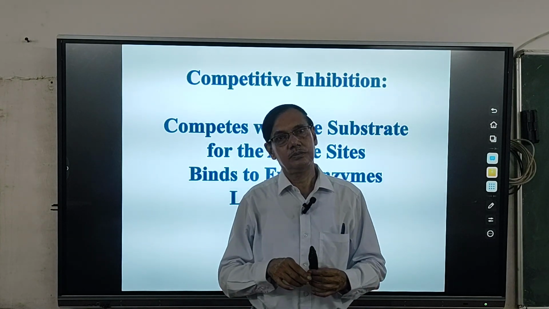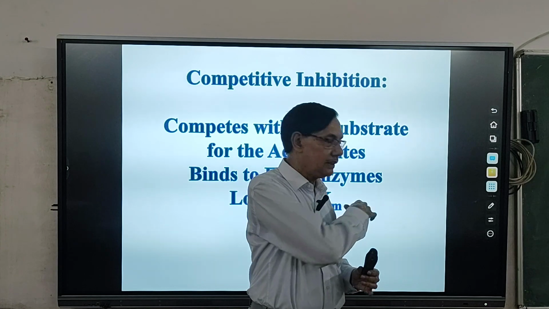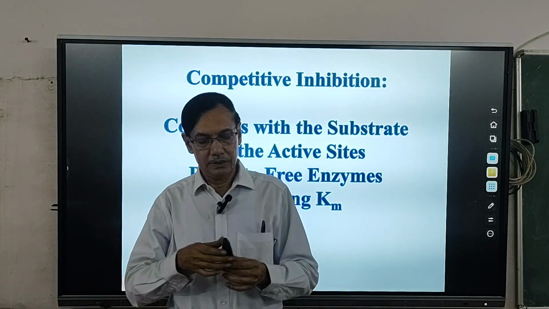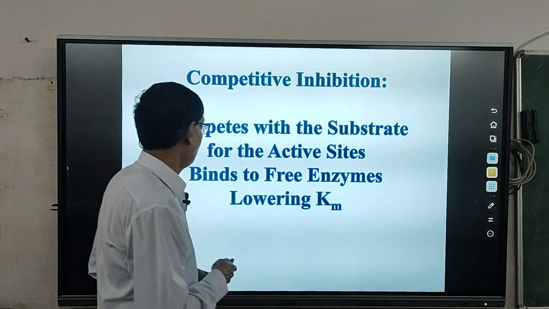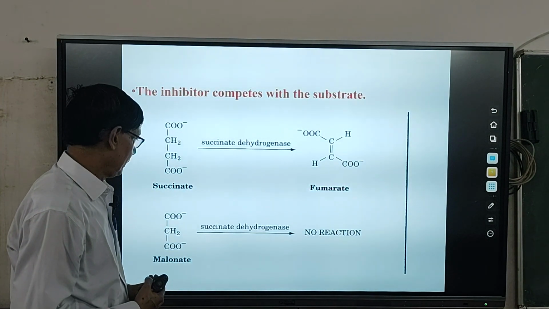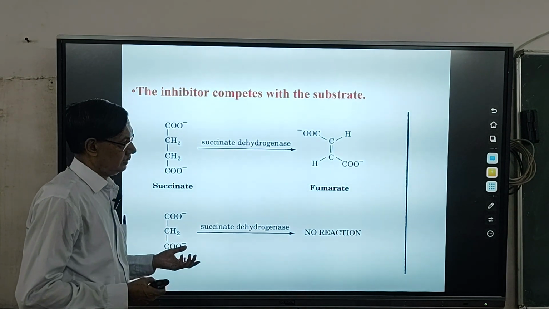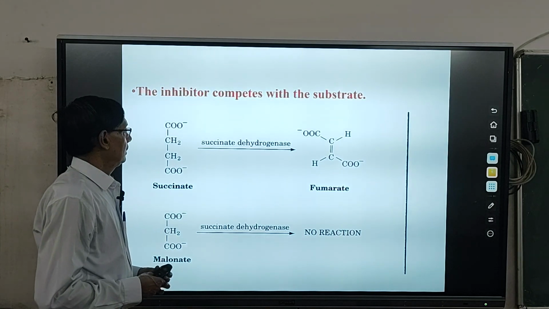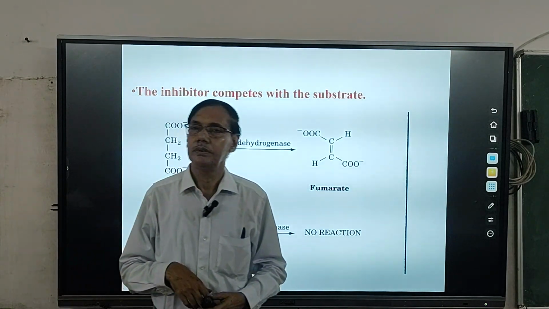In such a case, the inhibitor suppresses the activity of the enzyme. That is called competitive inhibition, and these examples are available in all the books. This is the simplest example of competitive inhibitors.